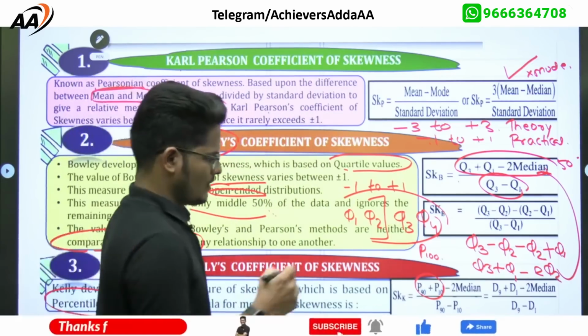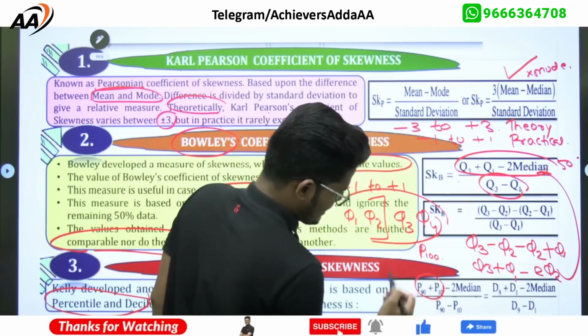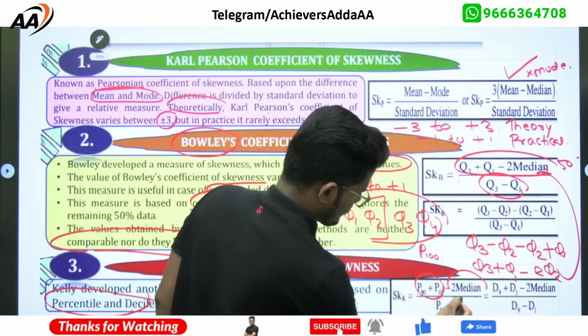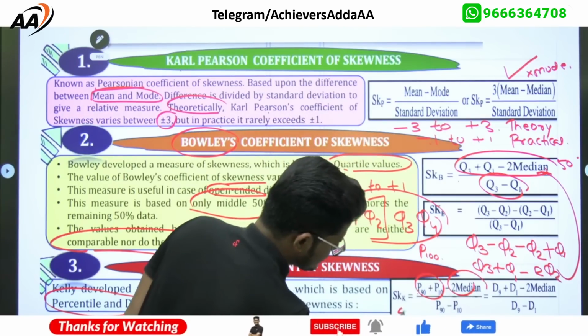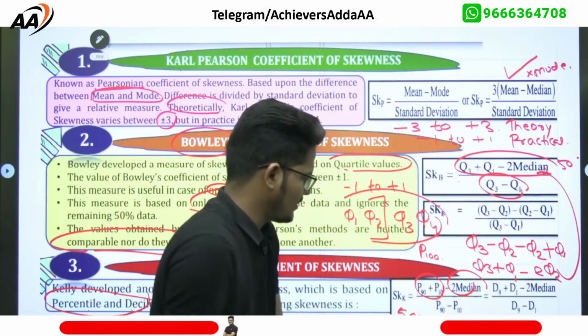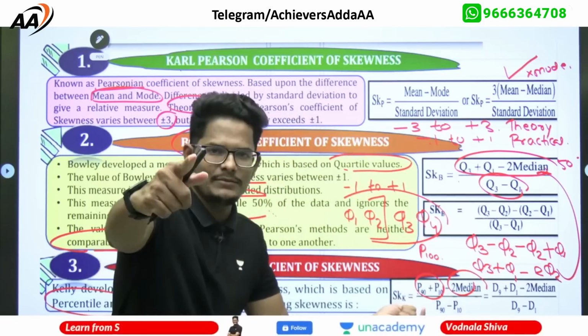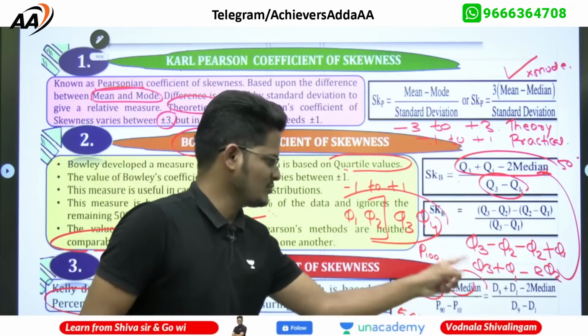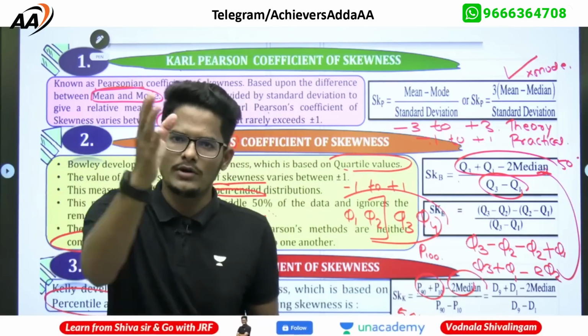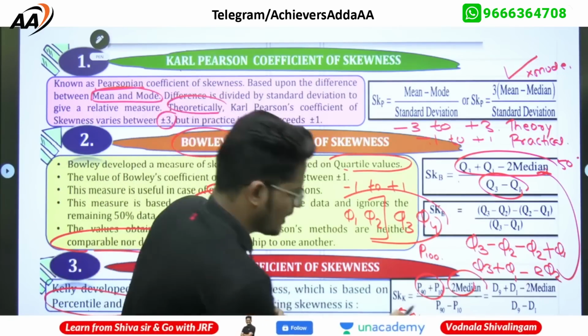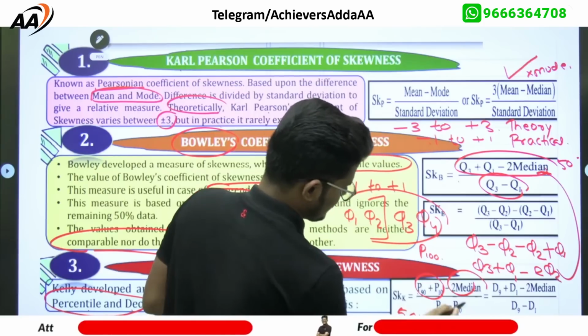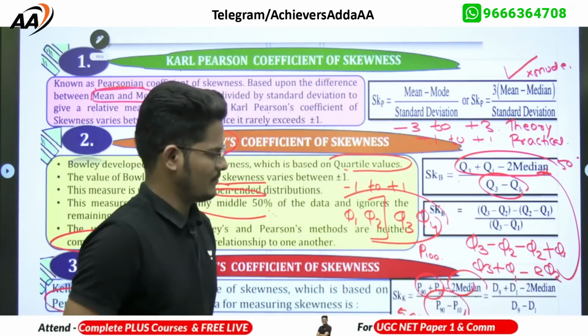Again here also only 50% is considered. P90 plus P10 minus 2 median means 50% removed, only 50% of the data considered.